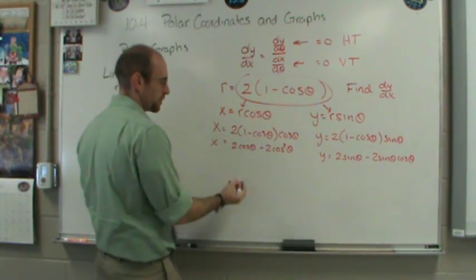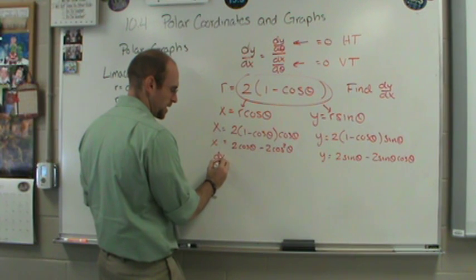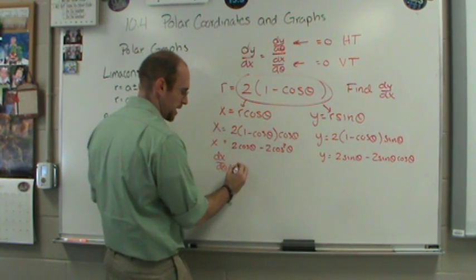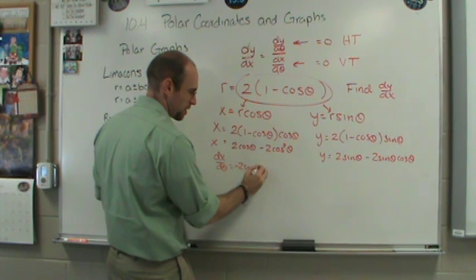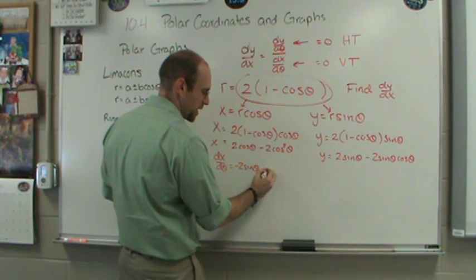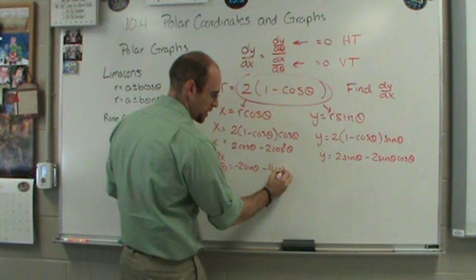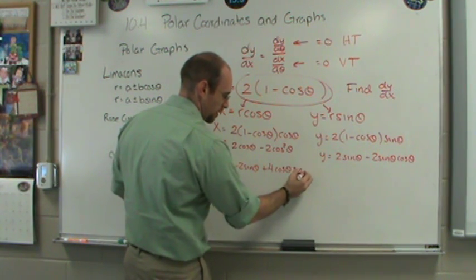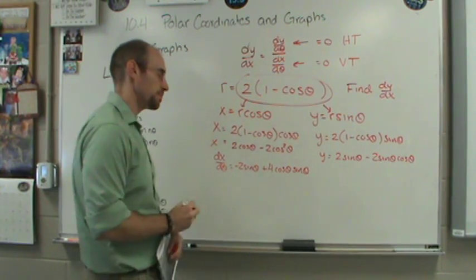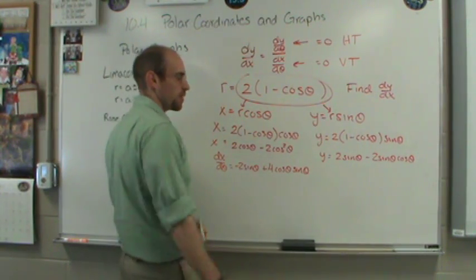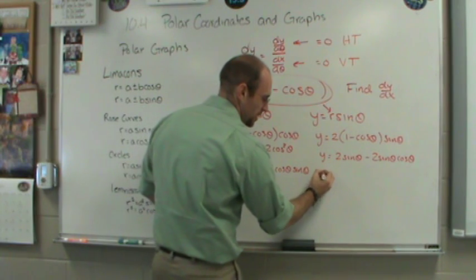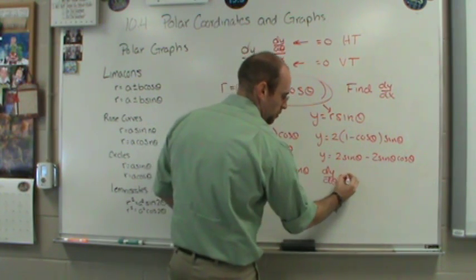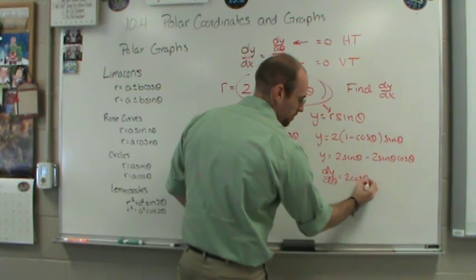Let's take the derivative. In terms of theta, dx over d theta is going to be negative 2 sine of theta. Here we're going to do chain rule, so minus 4 cosine of theta times negative sine of theta. Then we do the same thing for dy over d theta. We get 2 cosine of theta.